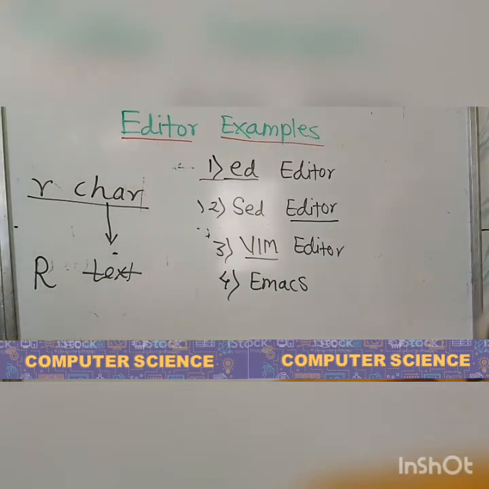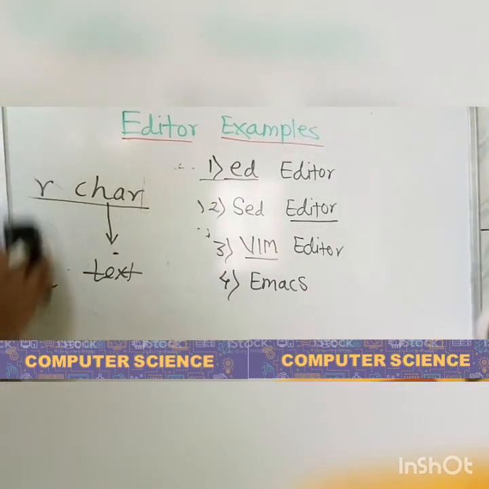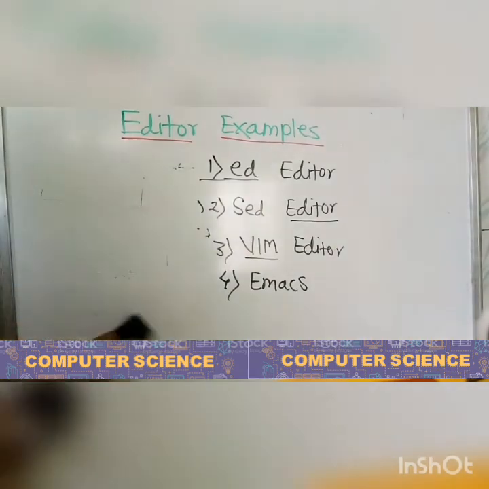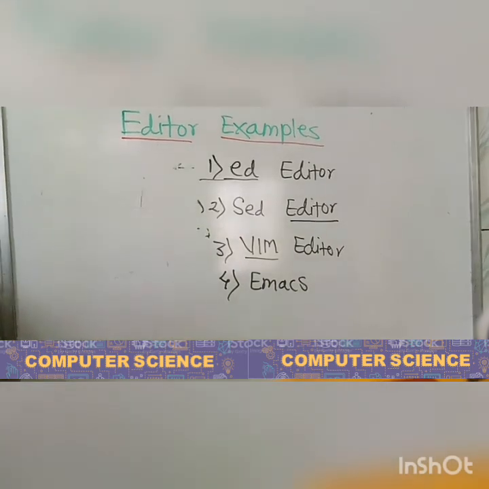Coming to the next editor, Emacs. Emacs is the oldest editor, even before Unix; when Unix was not there, the Emacs editor was there. Due to its features, Unix developers ported it as an environment in the Unix environment. It is also available in the Linux environment.